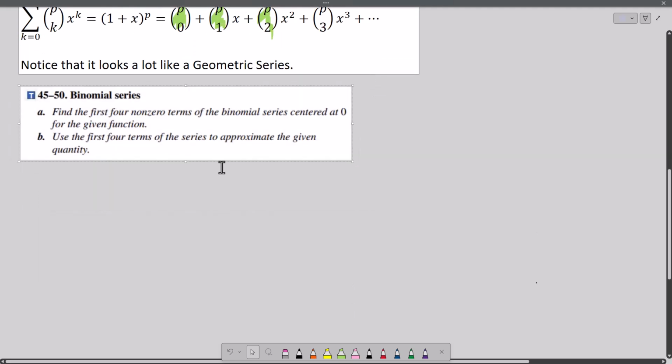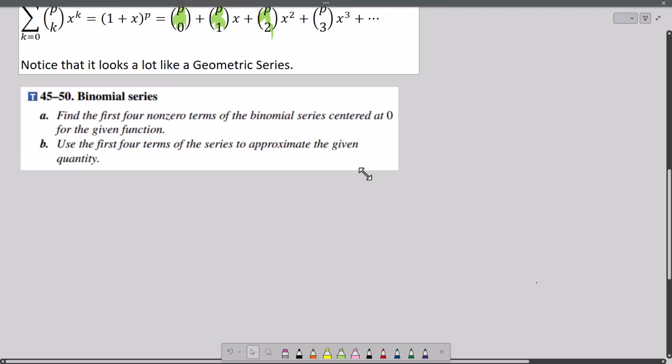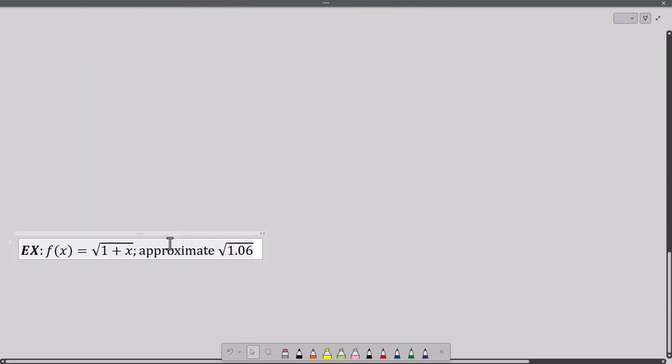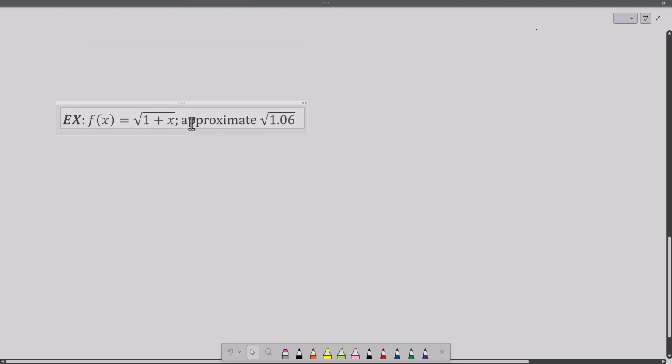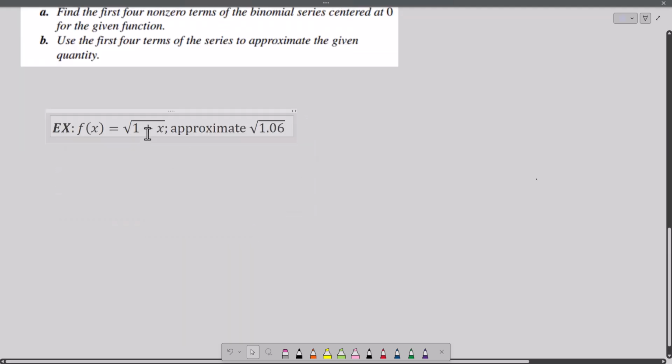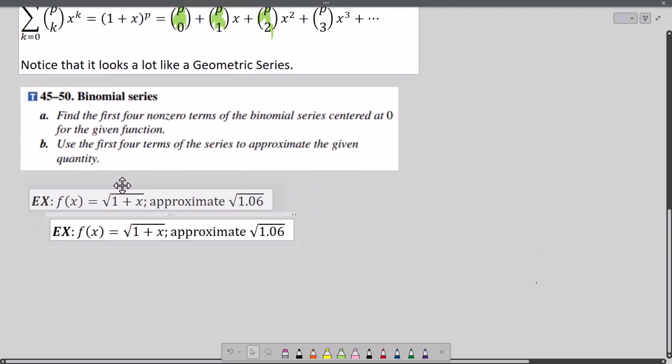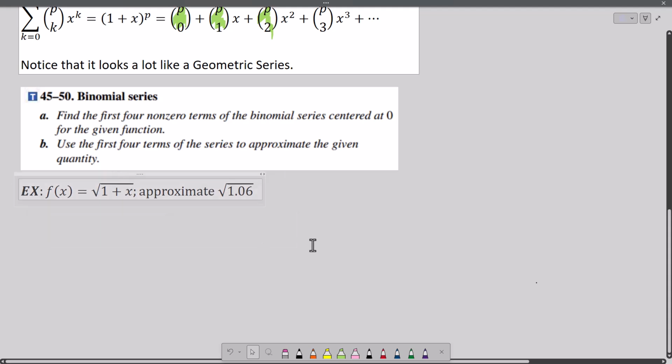So this, we're going to do one example on this page. Was this the example on the next page? Different. It was different? Yeah. Okay, so those are our instructions. I'll retype those.